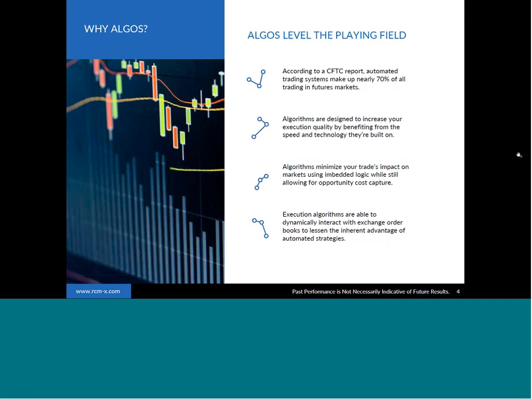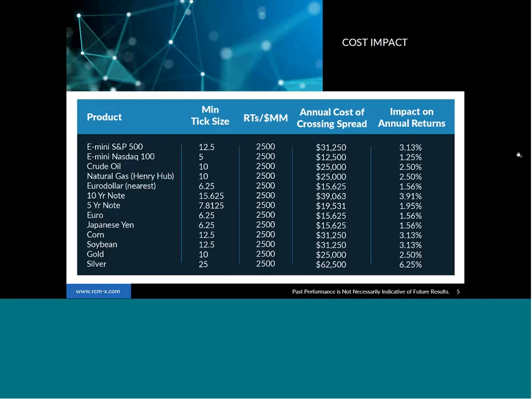Thirdly, algorithms minimize your trade impact on markets using embedded logic while still allowing opportunity and cost capture. Execution algorithms are able to dynamically interact with the exchange order books to lessen the inherent advantage of the automated trading strategies. So leveling the playing field by being able to interact with the order books at the exchanges is a key part of algos, and our systems and our technology allow you to do that. So I'm going to let David now take it and go over some of the cost impact numbers.